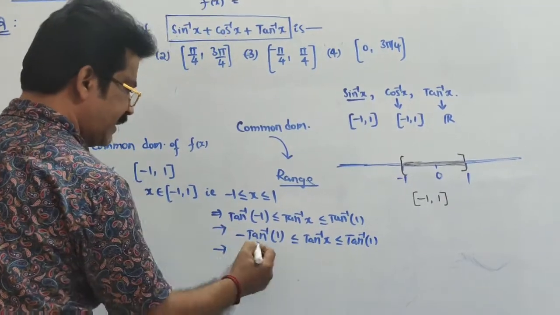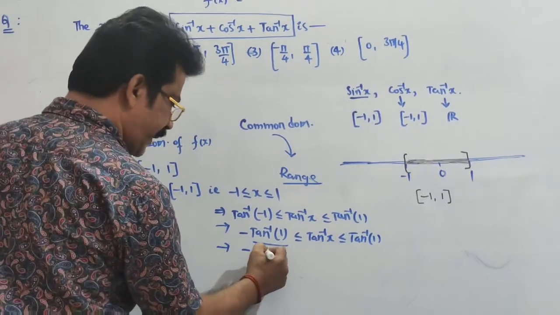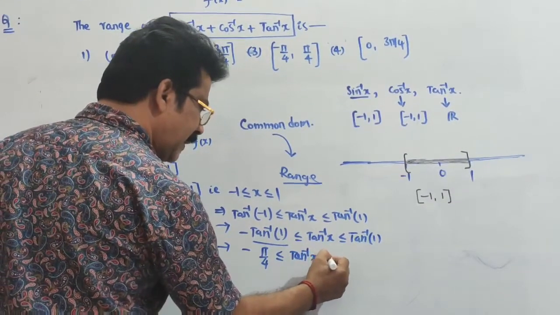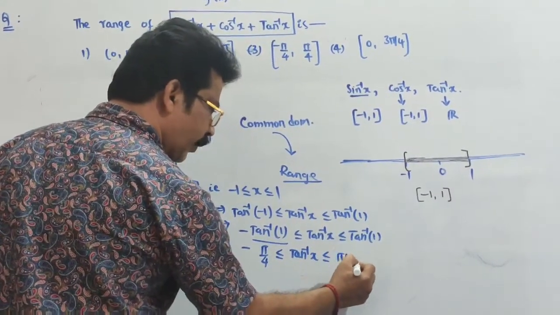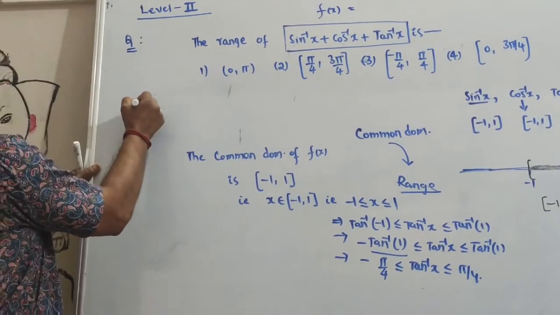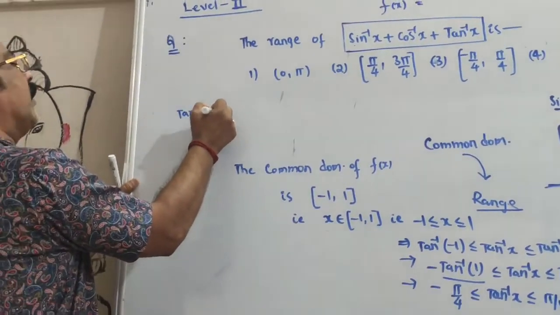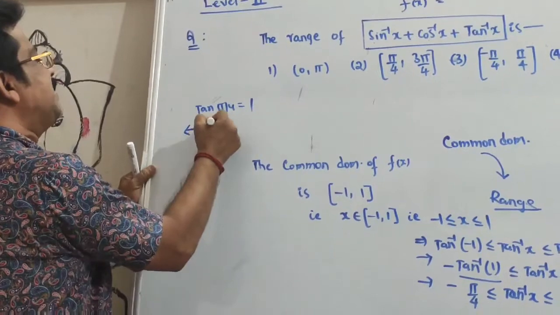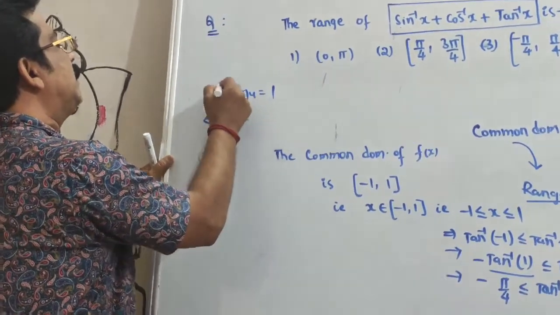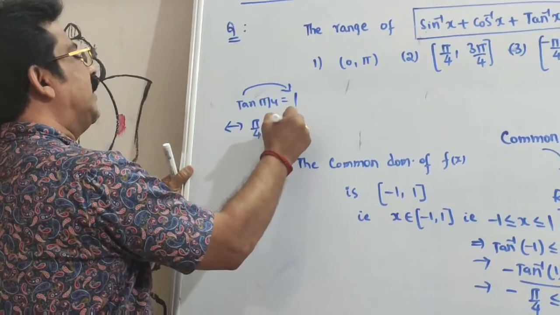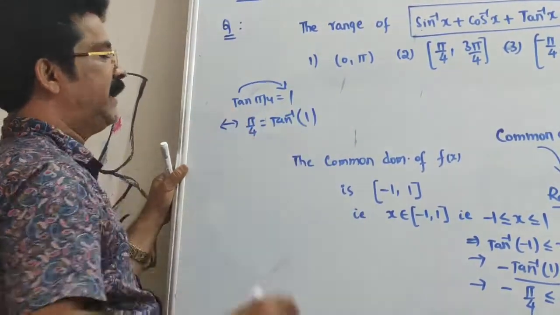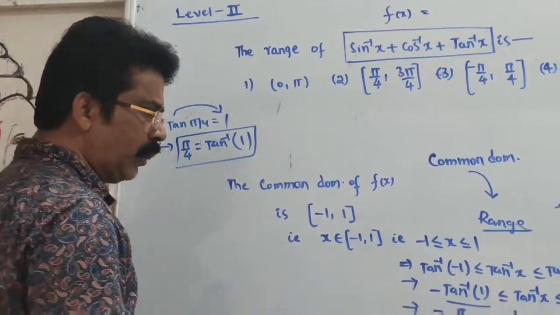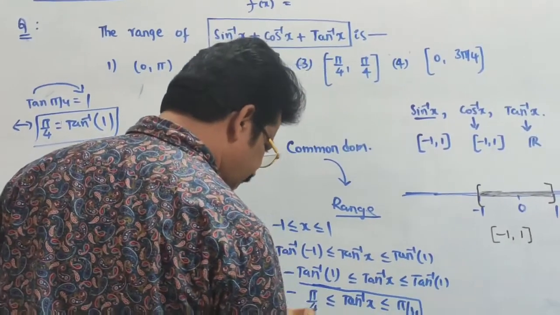So that implies minus pi/4 less than or equal to tan inverse of x less than or equal to pi/4. How? Tan pi/4 equals 1. In inverse trigonometric functions, it implies pi/4 equals tan inverse of 1. Thus tan inverse of 1 is equal to pi/4.